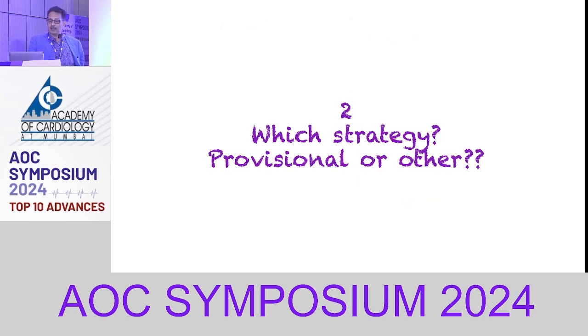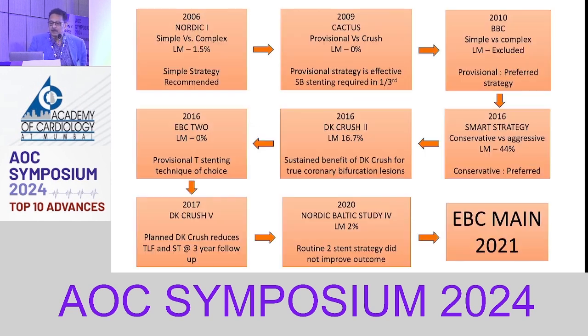Then, which strategy? Provisional is making a comeback. The prelude to this provisional approach were these trials, the Nordic, the Cactus, BBC, all the bifurcation trials in Europe, which have been biased towards provisional. Europe is one area which is completely biased towards provisional, and the only two-stent technique they advocate is the culotte technique, till the DK crush trial data was out.